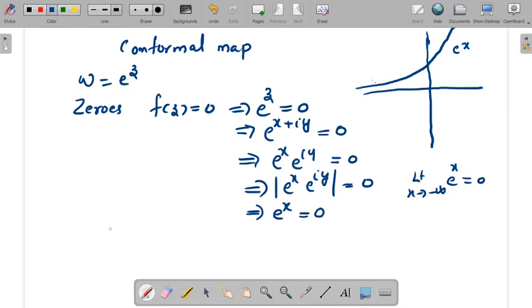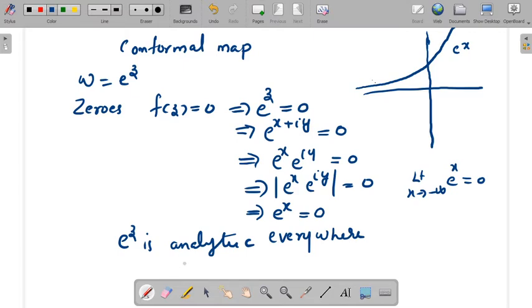Now, if you think of the singular points, we know e raised to z is analytic everywhere. We have proved this in the previous section, by showing that the real and imaginary parts satisfy the CR equations and are continuous. So it is analytic everywhere.